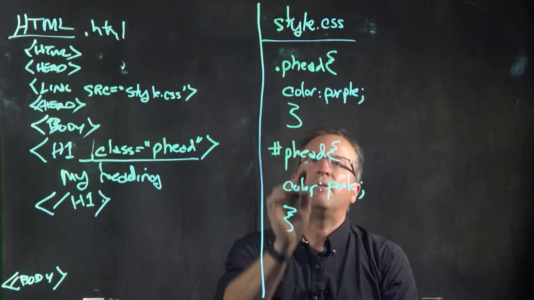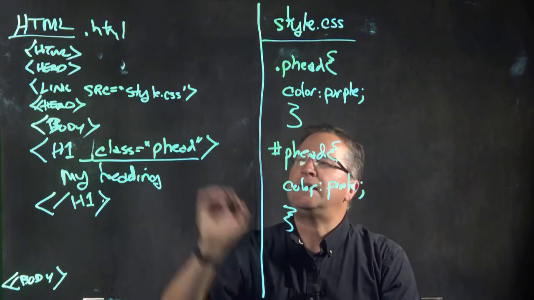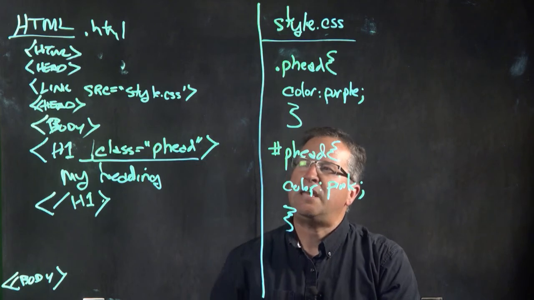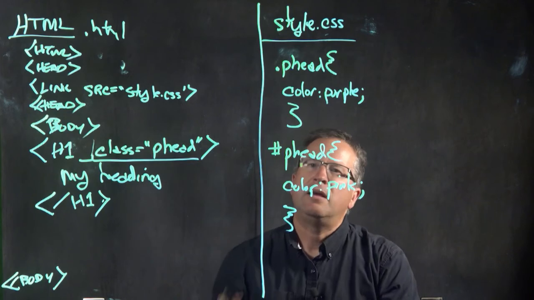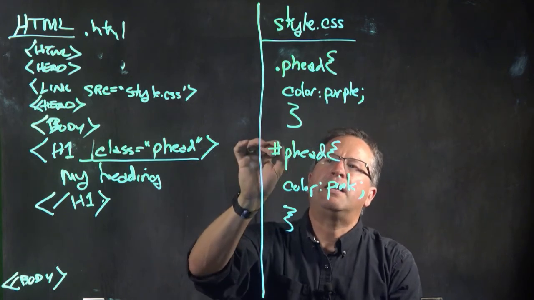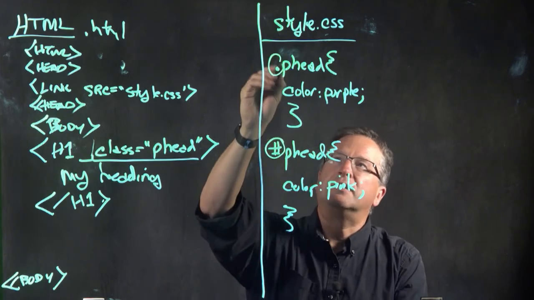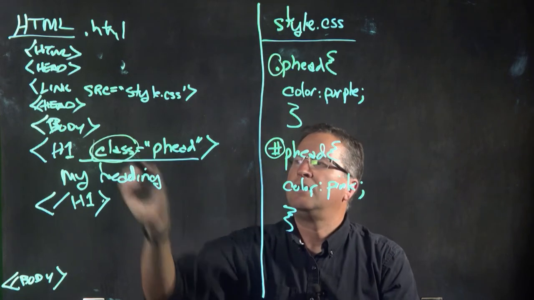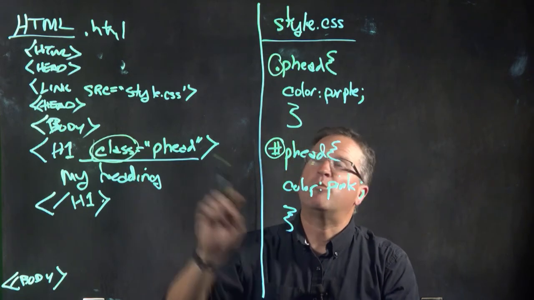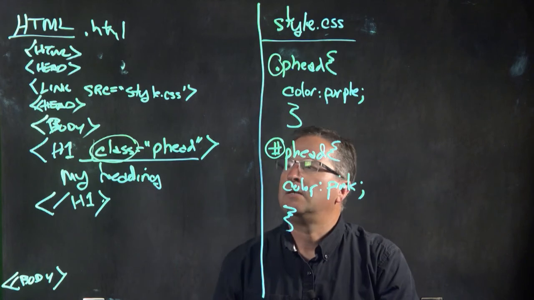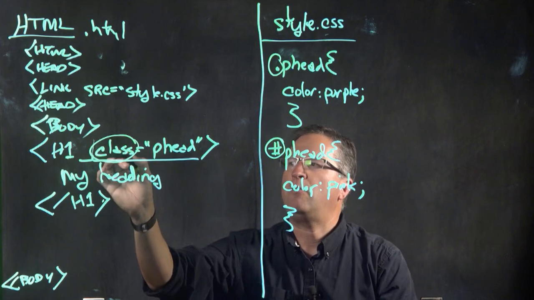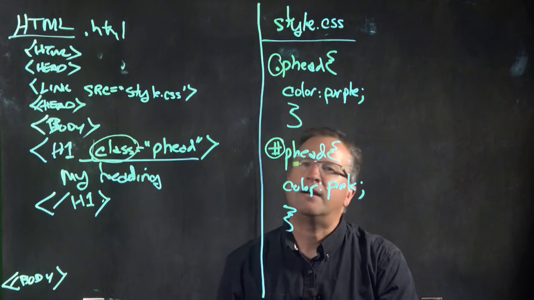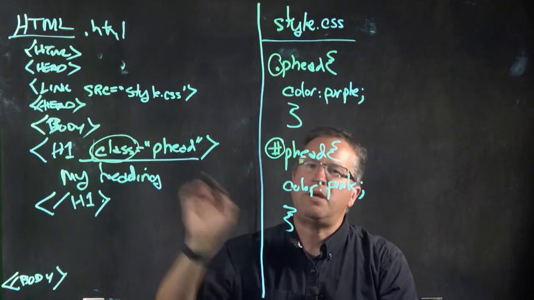Now, every time I define an ID with phead, it's going to have a pink heading. The name is the same, but keep in mind, this is an ID, and this is a class. So this will be purple, and if I did another one with an ID typed the same way, instead of class, you type ID right there, you get a pink head.